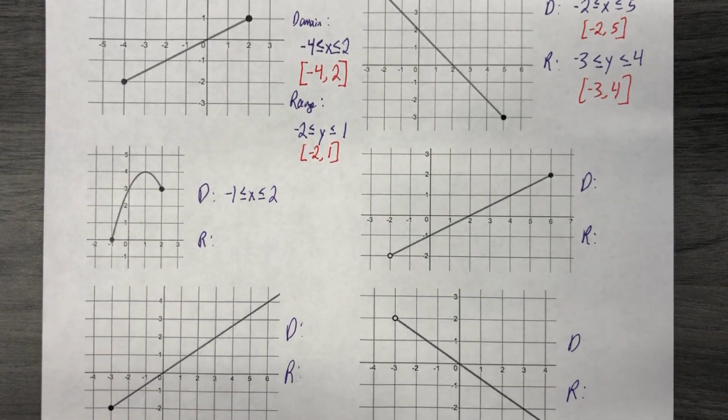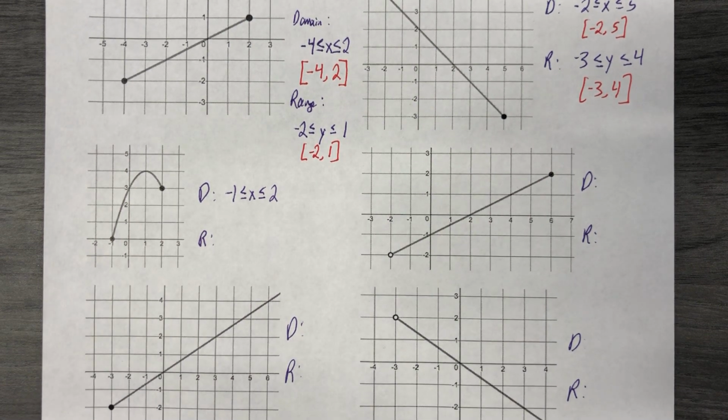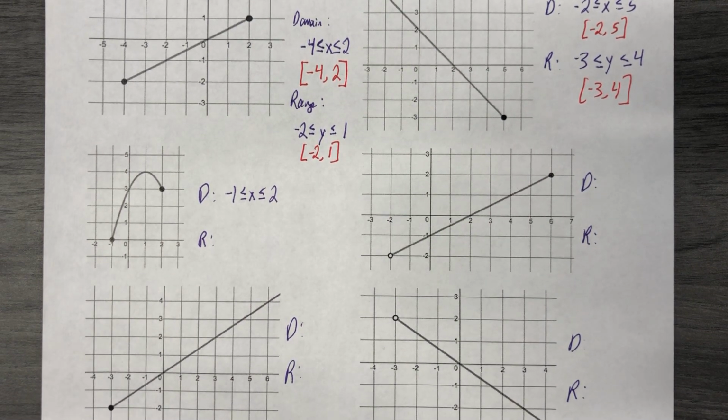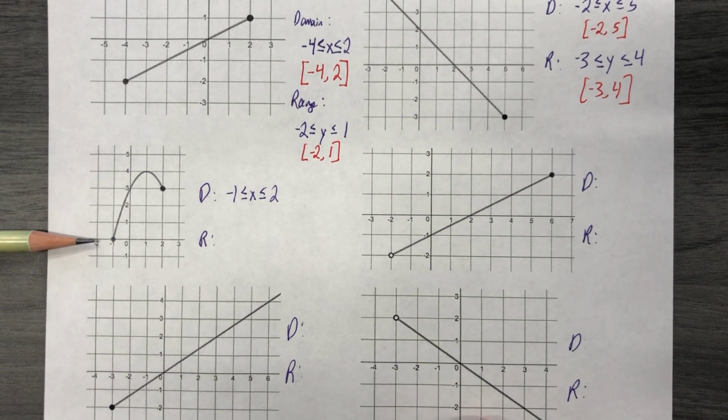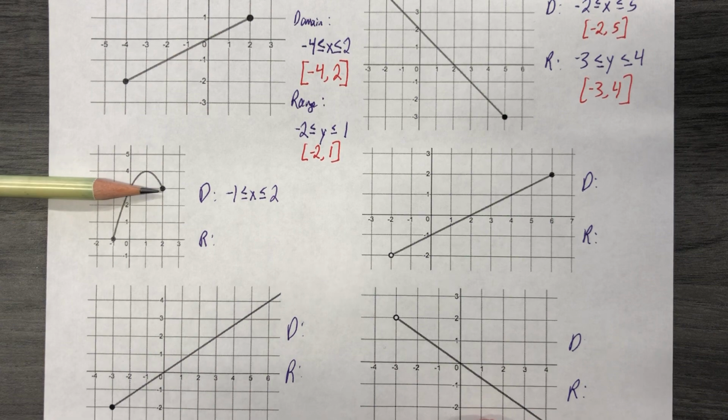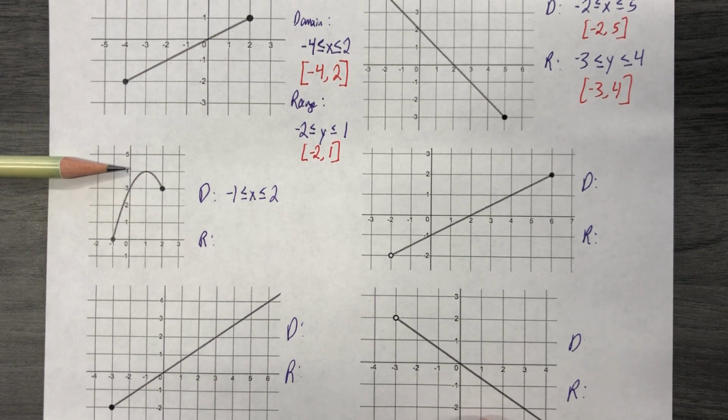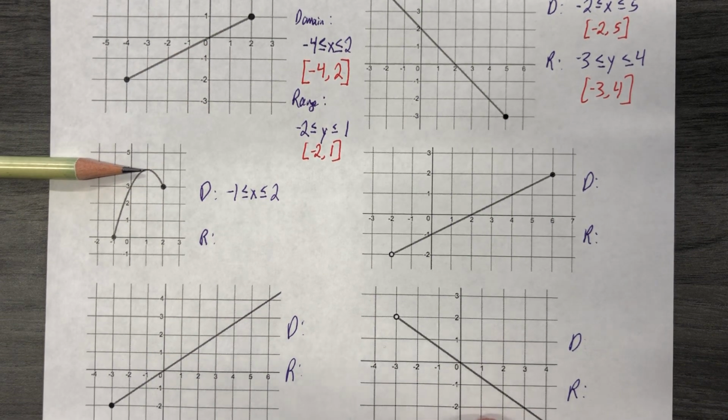The range looks easy, and there's a little trick to it if you're not careful. So what are the outputs? That's really the question for range. What are the outputs for a function? And the outputs in this case are 0 and 1, 2, 3. Oh, and it ends. No, it keeps going. It goes all the way up to and includes 4.